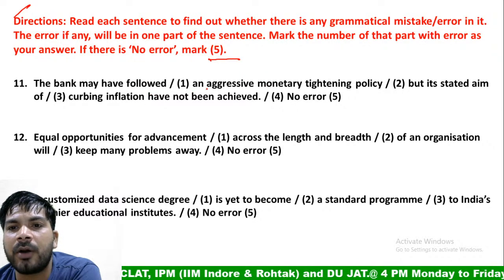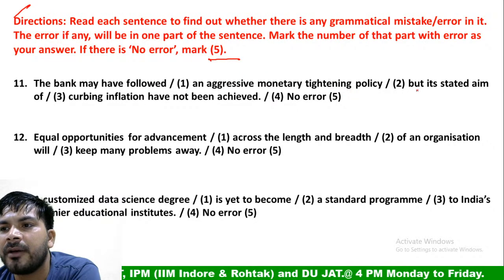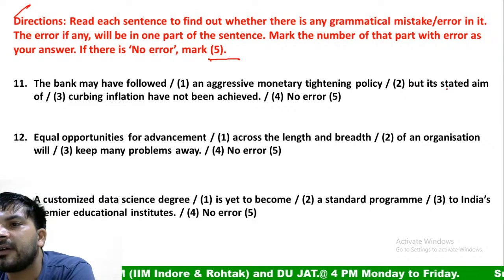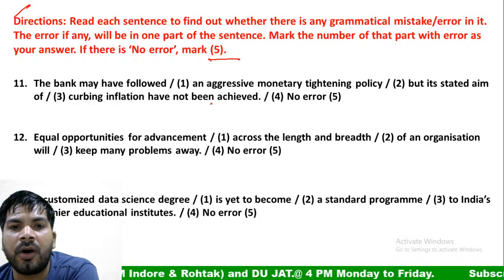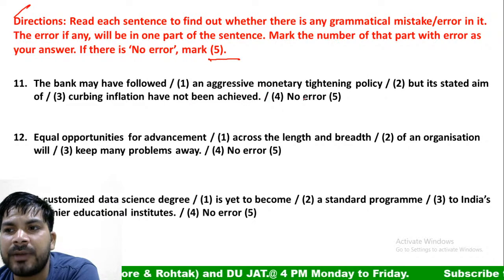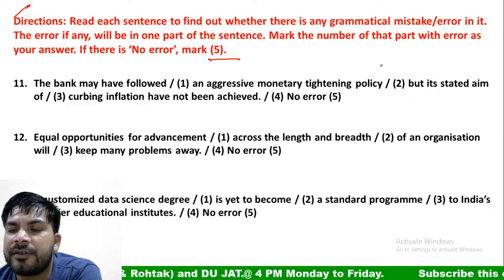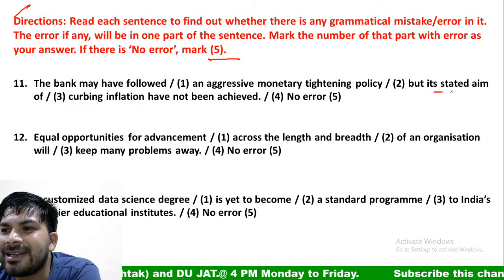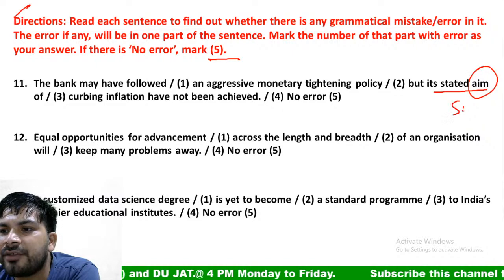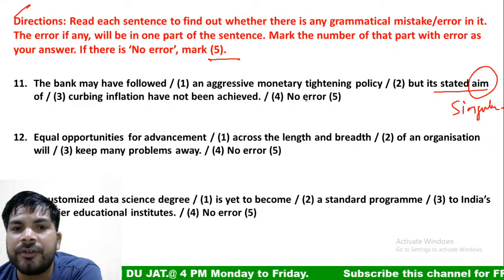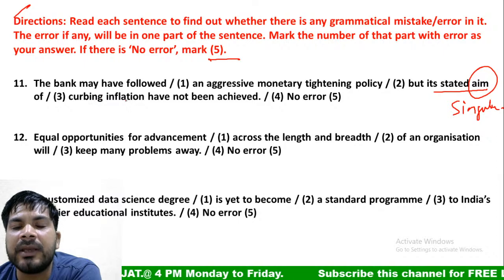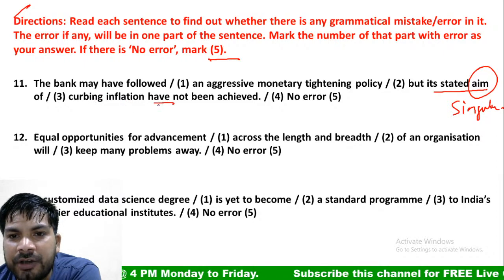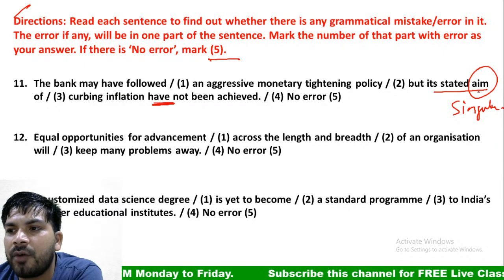The bank may have followed an aggressive monetary tightening policy, but its stated aim of curbing inflation have not been achieved. Now let us see the mistake out here. Its stated aim. Aim here is what? Singular, ladies and gentlemen, right? So this have not is used for plural, whereas the subject out here is singular.